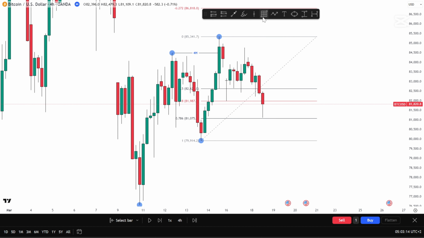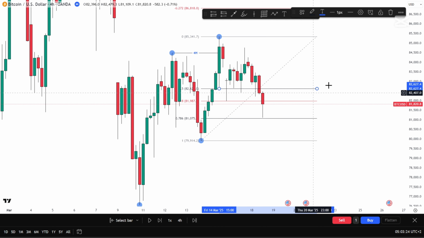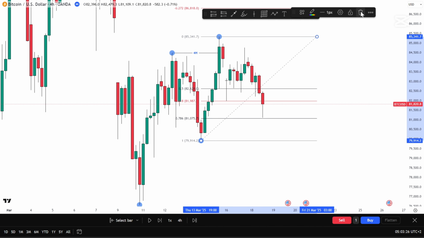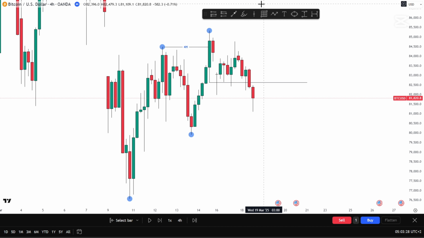This allows me to define my area of premium and discount area. So just a quick note, I only look for buy opportunities in the discount area.